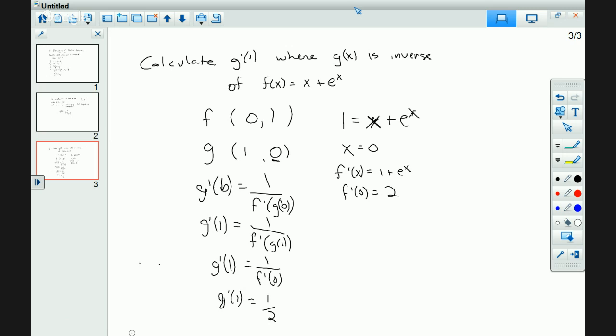So if I know that the y value is 1, I can set it equal to the function and solve for x, which gives me this value, which I need. So that's using the formula.